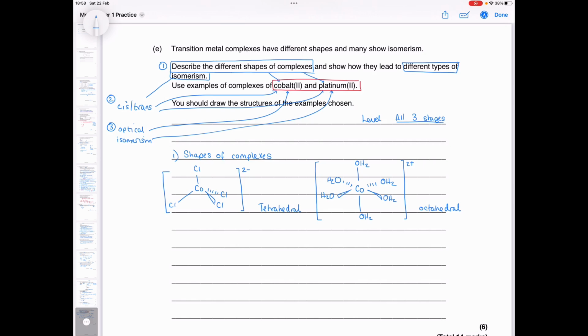And then we could have square planar, and we could have the cisplatin, which is a neutral complex, so that is square planar.